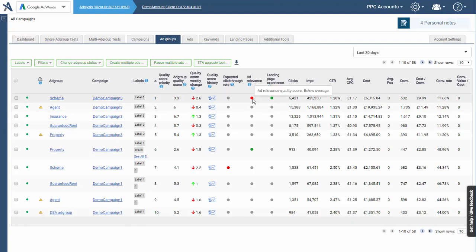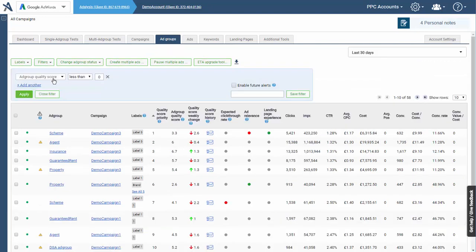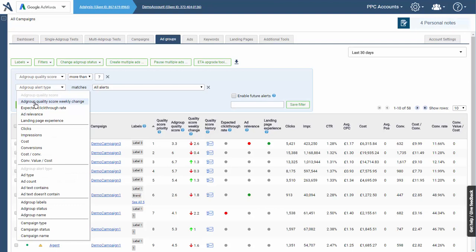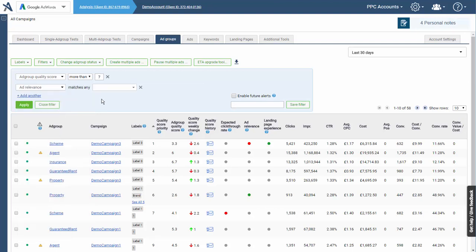Now, if we see there's an issue, in this case it's ad relevance, we might want to go look and filter for places we're doing well there. So we could say, show me where my ad group quality score is more than 7 and my ad group ad relevance is above average. Then we can apply that and look at those ad groups to see how that relationship is working.